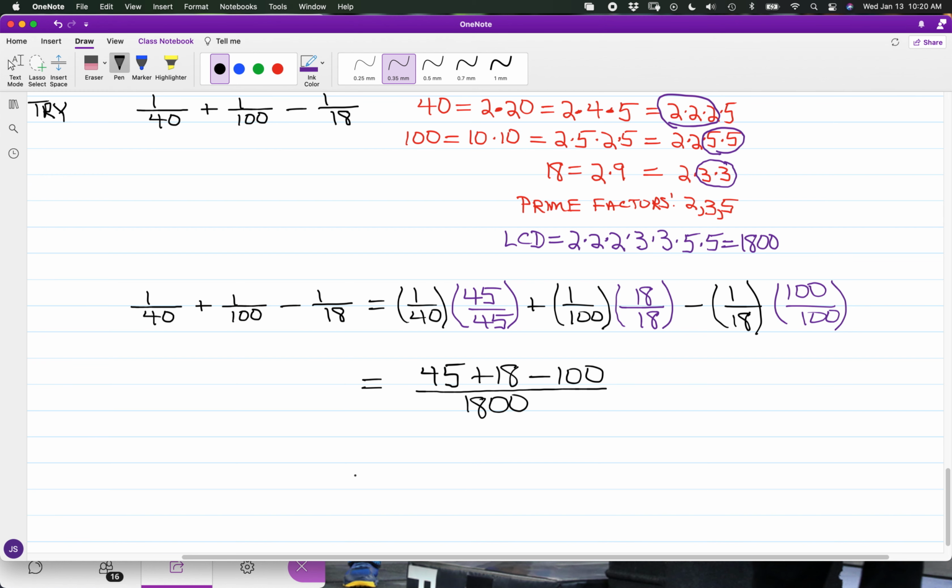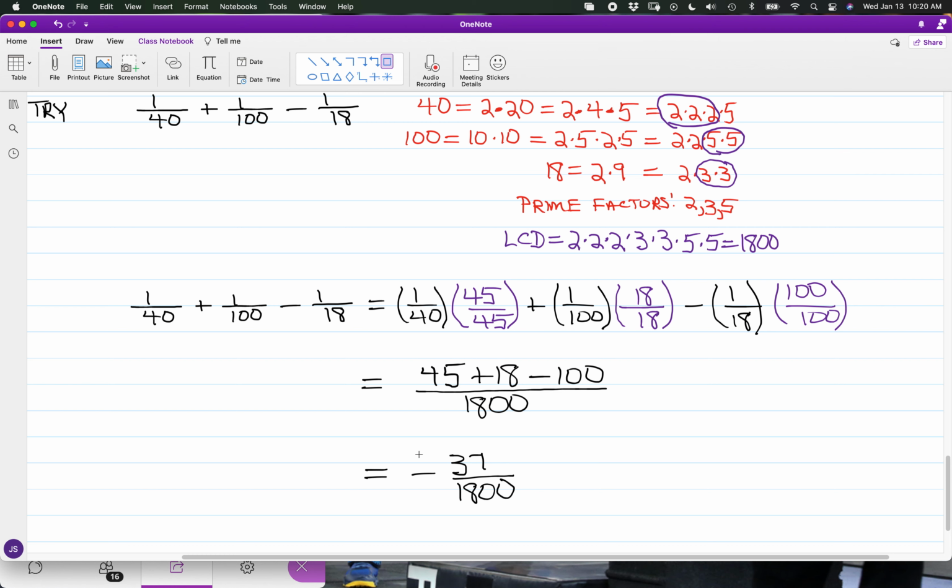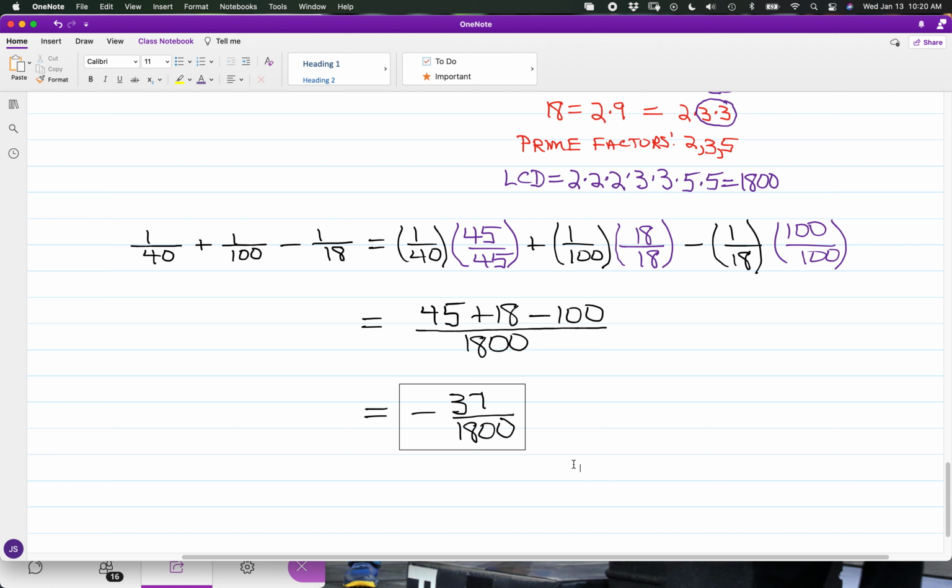Take away 100, and this is going to be a negative value, so 63 minus 100 is a negative 37 over 1800. And that is going to be the final result in this case.